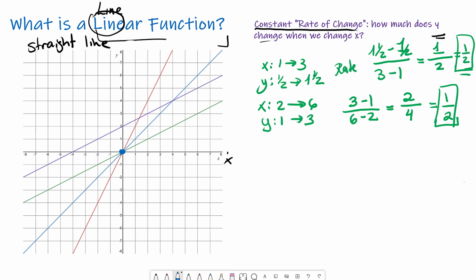So let's look at the rate of change when x goes from, say, negative 2 to 0. When x equals negative 2, we're up here, so y equals 1. And when x equals 0, y equals 2. So what is our rate of change?